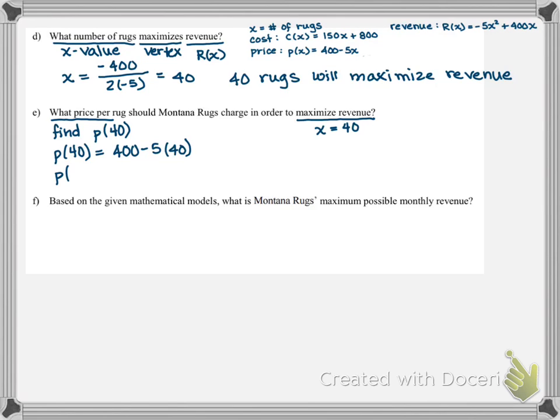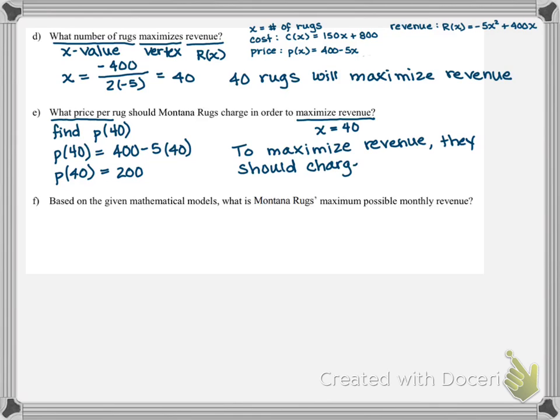So P of 40, is that 200? So to maximize revenue, they should charge $200 per rug.